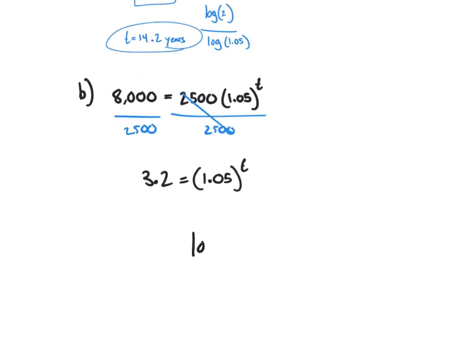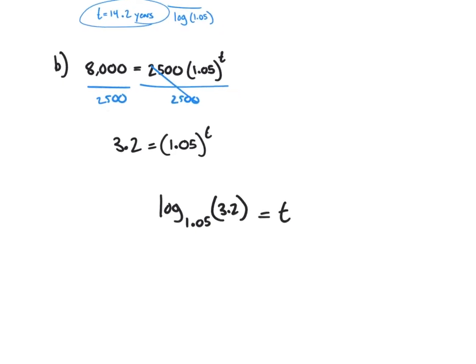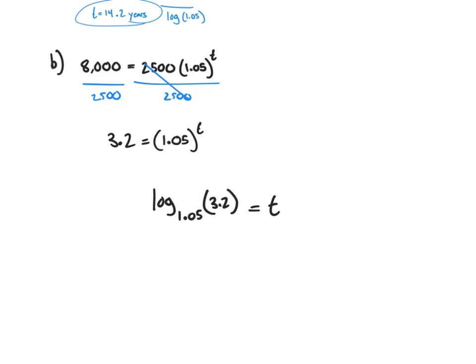And then we'll use drop, log, and roll again. So log base 1.05 of 3.2 is equal to t. So if we type that in, we get that the time for that type of growth would take about 23.8 years.